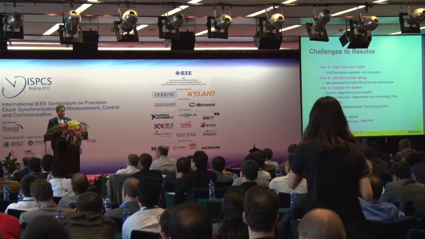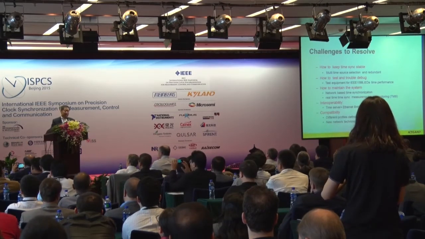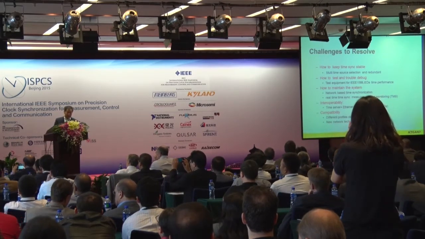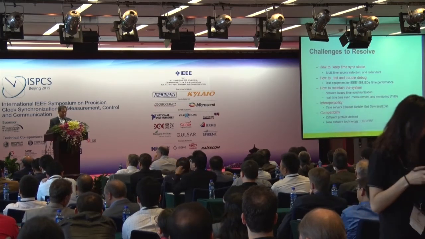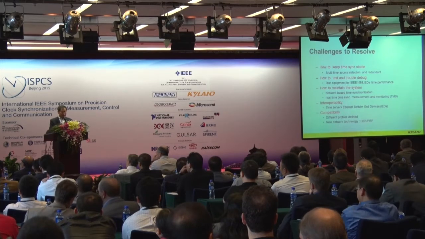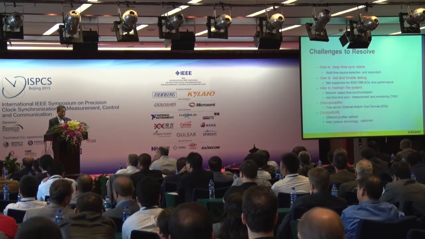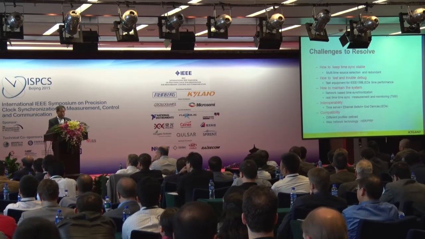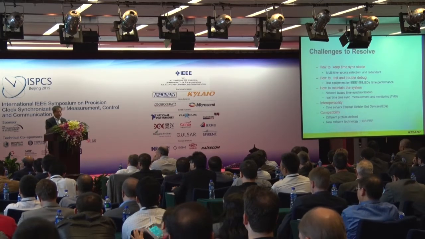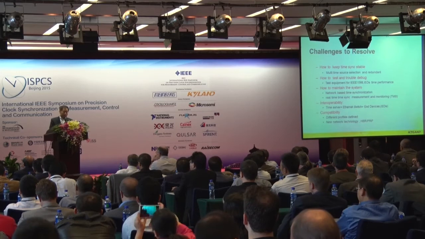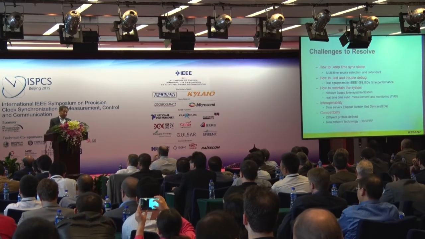For the challenges to resolve in the smart substation, first we have to keep the time synchronization stable. That's why we use multi-source selection and redundancy. In China, we use GPS and Beidou, the Chinese GPS.